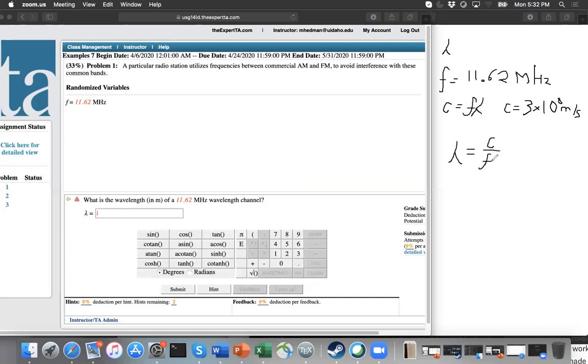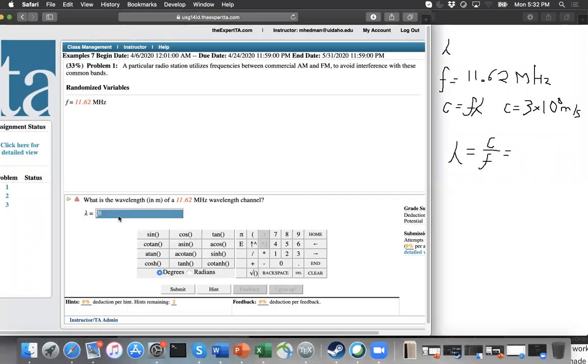And notice this relationship makes sense. If f is big, lambda is small, and vice versa. So now all we have to do is actually evaluate this, which means sticking in the relevant numbers, which is easy enough to do in this particular environment.